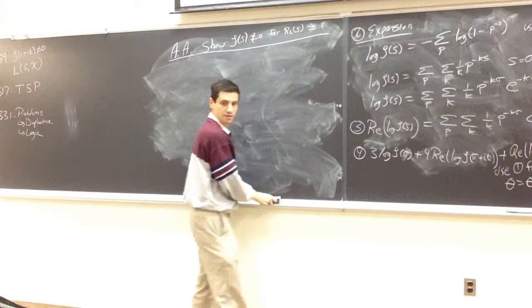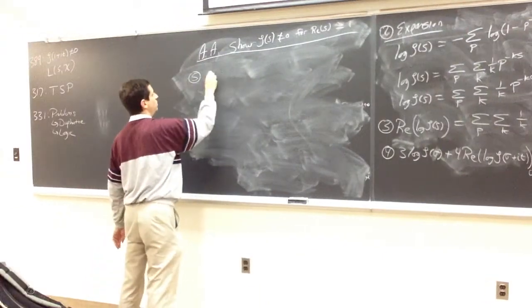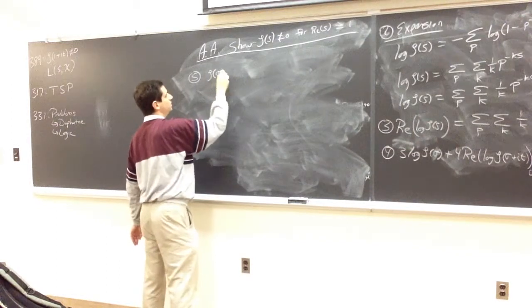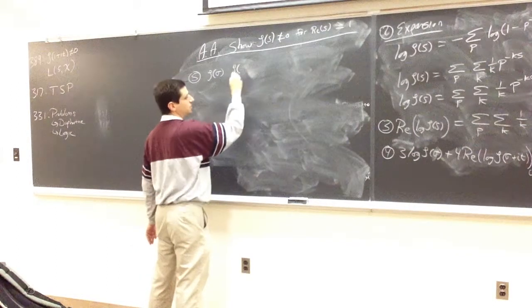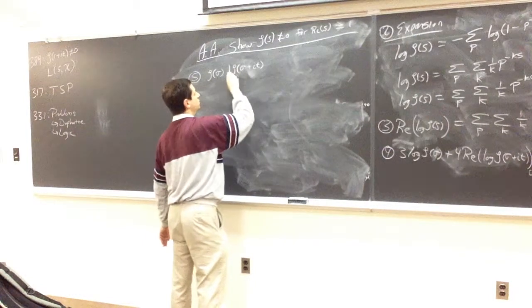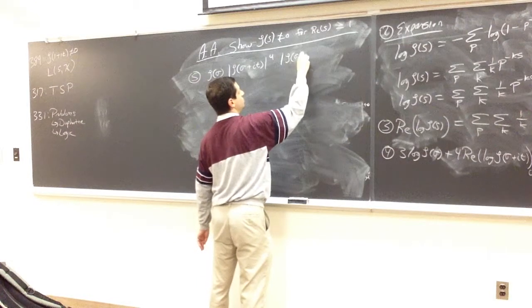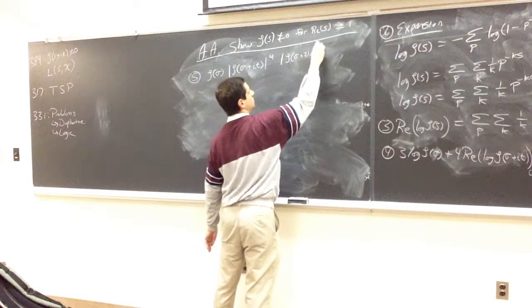We're almost there. Now step 5: we get zeta of sigma to the 3, times zeta of sigma plus it to the 4th, times zeta of sigma plus 2it.